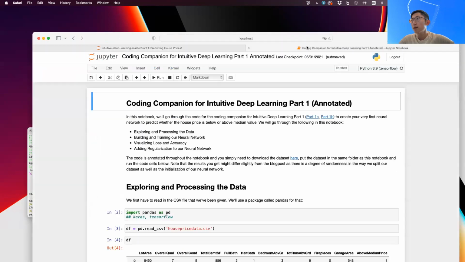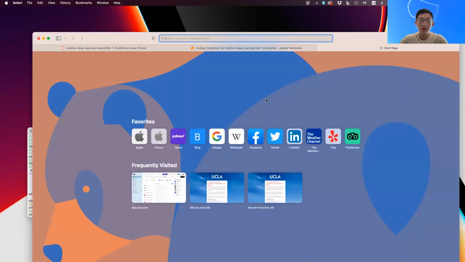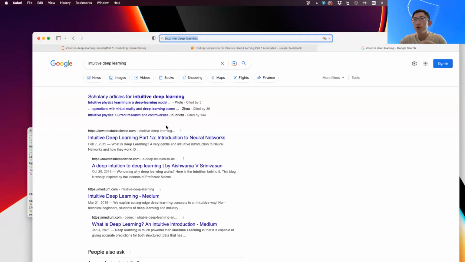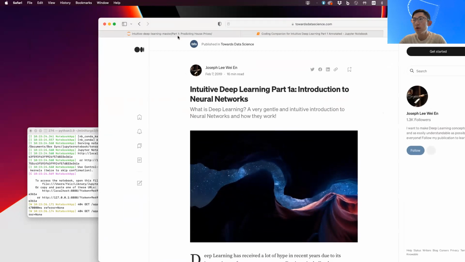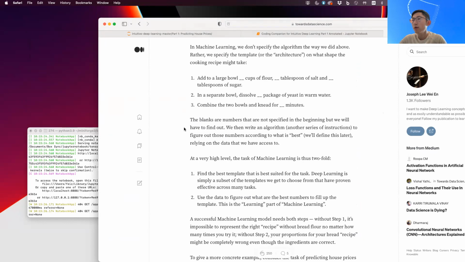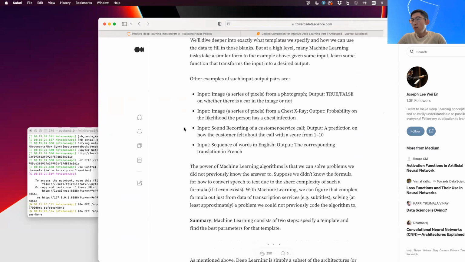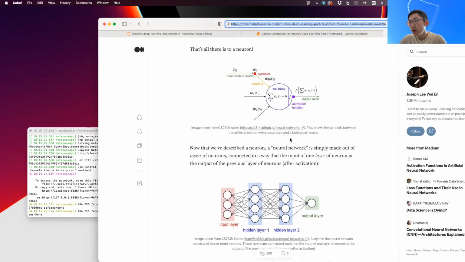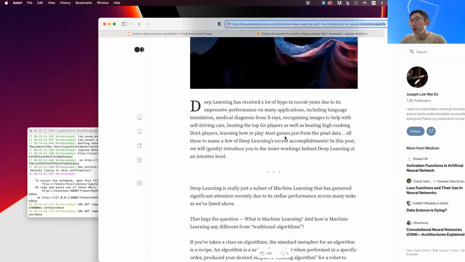For example, if you just Google search this, there's a post and also a GitHub link, I believe. I can put this in chat for your future reference. There should be a GitHub link.